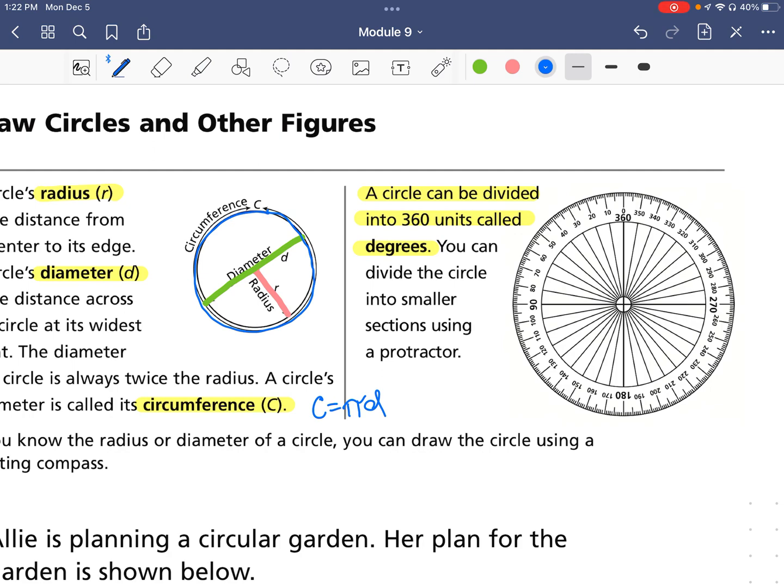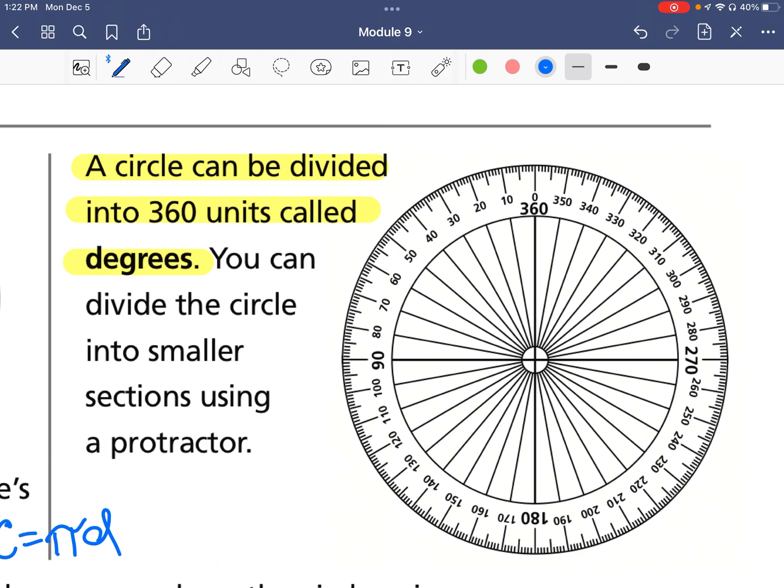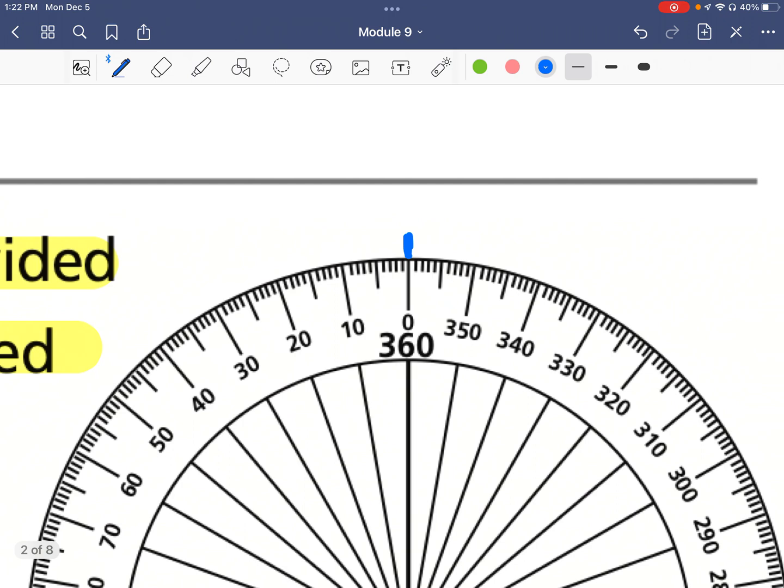A circle can be divided into 360 units called degrees. So on our circle here, we have a lovely protractor going all the way around. Here you have 0, and then each of these are little marks. So this would be 1, 2, 3, 4, and then it goes by 5.